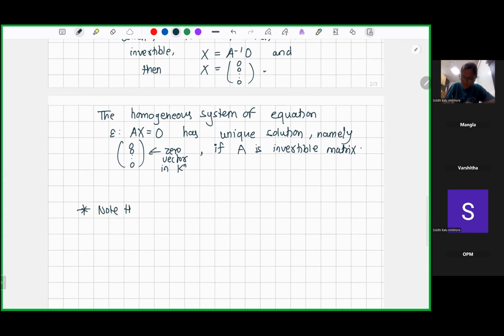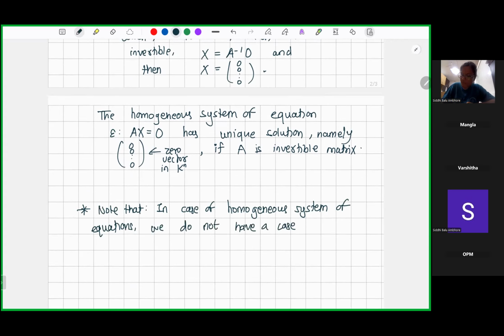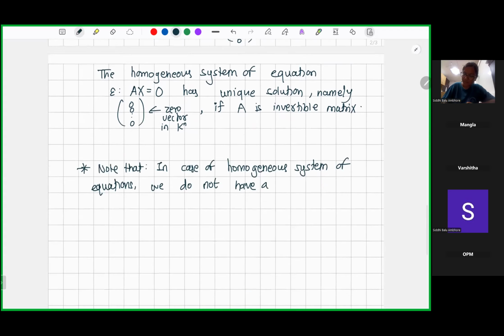Note that in case of a homogeneous system of equations, the system always has a solution, namely the zero vector.